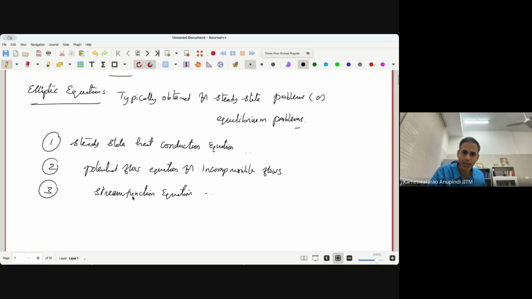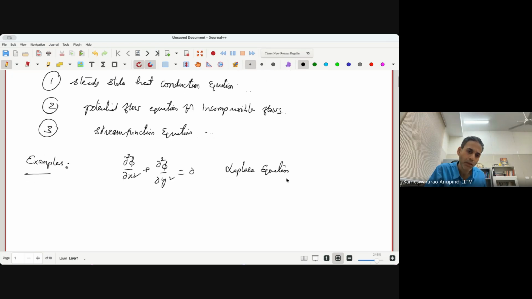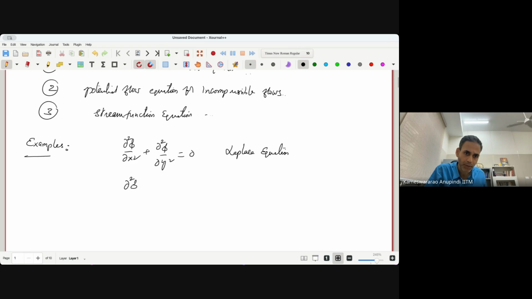We said yesterday that a few examples of these equations are the Laplace equation, that is del square phi by del x square plus del square phi by del y square equals 0. Similarly, you also have the Poisson's equation, del square phi by del x square plus del square phi by del y square equals some function of x, y.